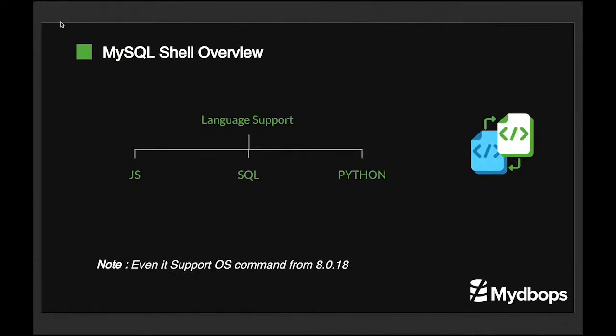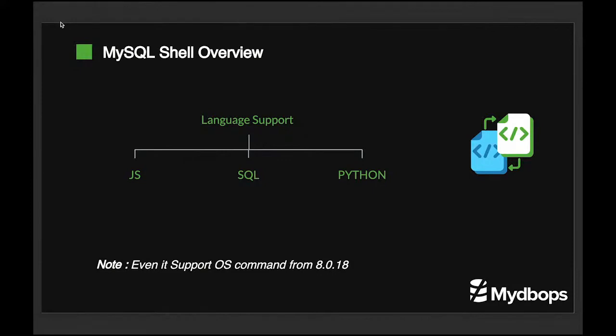As I told previously, MySQL Shell supports languages as code. It supports three different modes: JavaScript, SQL mode, and Python mode. And it can be easily switched between those modes when you are working with the shell.